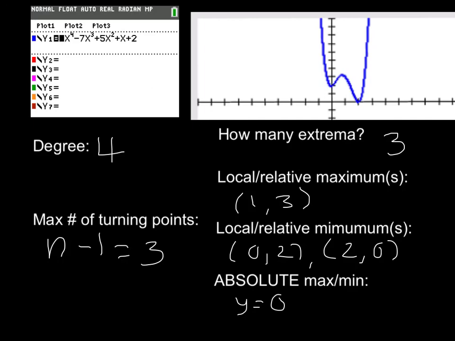So the lowest this function will go on the y-axis will be y equals 0. If our leading coefficient, x to the fourth here, was negative, what would happen to our function? Our entire function would be reflected over the x-axis, and we would have an absolute maximum instead of an absolute minimum.